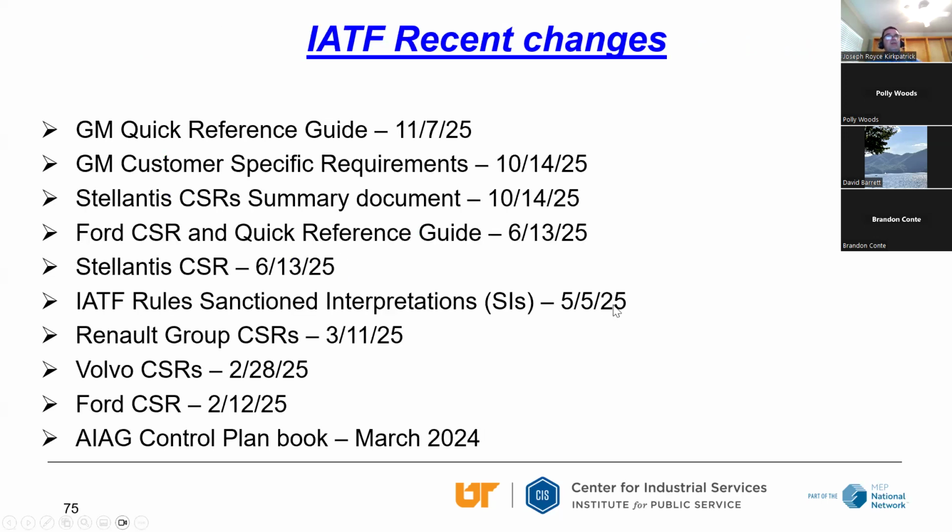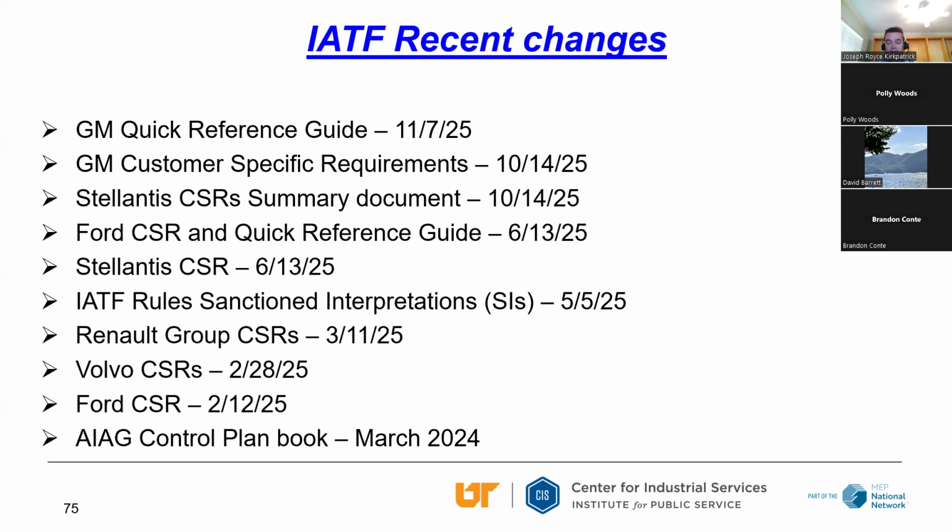Okay, I did want to go over recent IATF changes so everybody's aware of those real quick. There have been several CSR changes in the last few months. GM today came out with the quick reference guide on analyzing their CSR, their scorecards. So if GM's a customer of yours, be sure to look at that, because that's how you should be analyzing GM's scorecards.